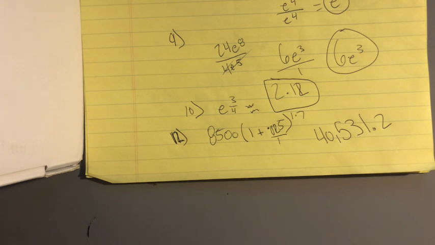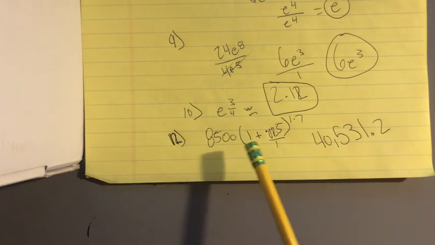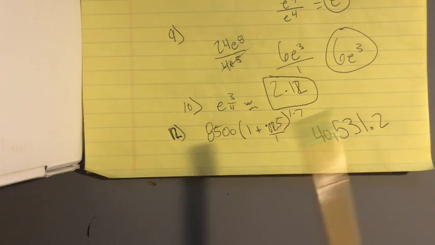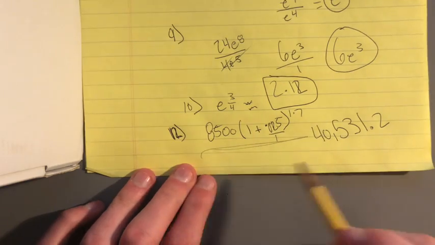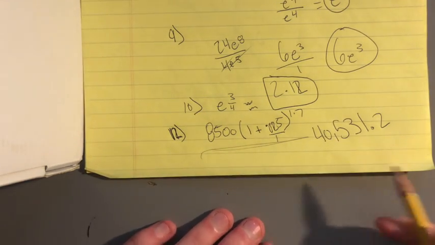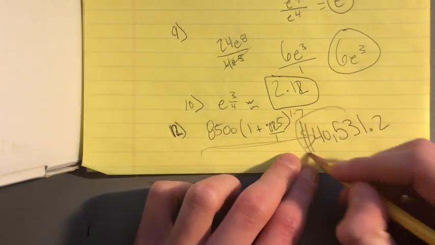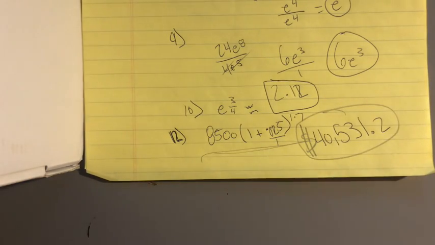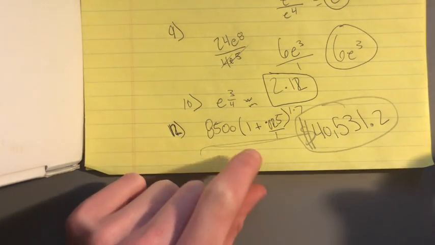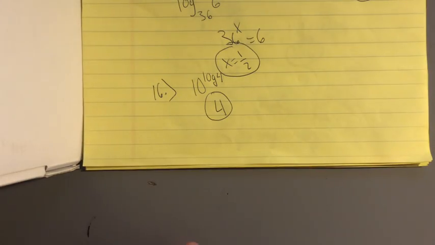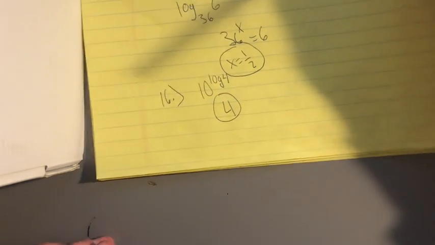So we started question 12, so we're going to leave off right here. You just plug all the numbers in, and then you plug this equation right here into your TI. And the answer I got was $40,531.20. So that was question 12, the finish to that. And then we move on to questions 13, 14.